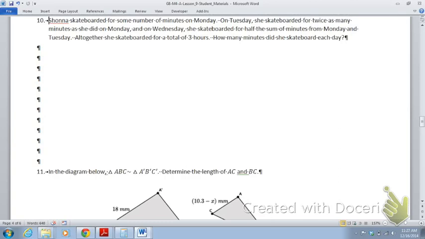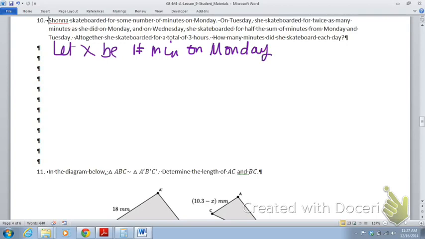Let's read it and see what it says. Some number of minutes on Monday. So that seems reasonable that we'll let X be that. So let X be the number of minutes on Monday. Okay, so the number of minutes that she skateboarded on Monday will be our X.